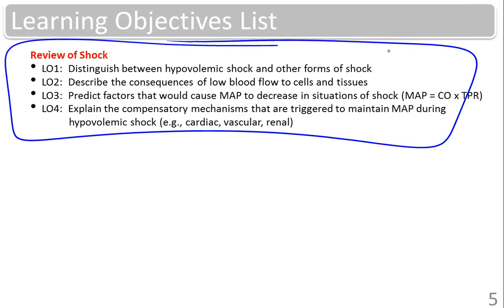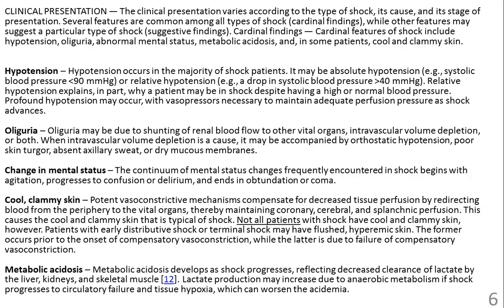These are the learning objectives that we'll cover. And again, this is straight out of one of the readings. I'm going to cover shock and some of the causes of shock, and since this is the trauma scheme, we'll focus on hypovolemic shock. The clinical presentation for shock is often hypotension, and remember, that is a scheme you covered in year one.